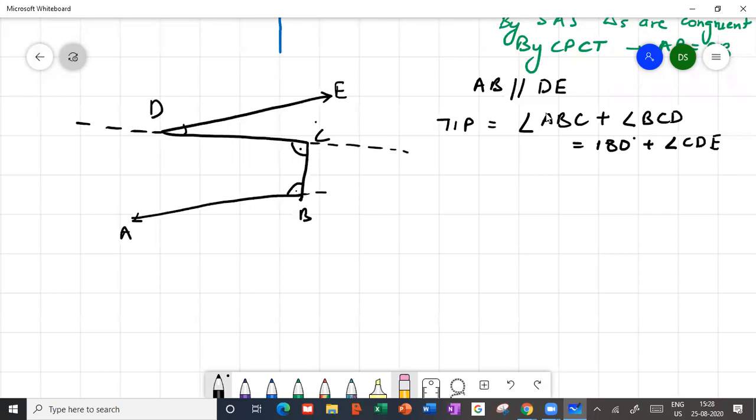It will be slanting parallel to DE. But I'm trying to figure out what is common there. You have to insert a line in between DE and AB, passing through C. Okay.